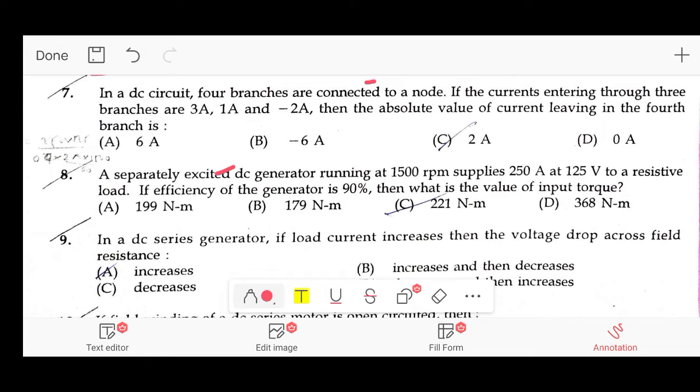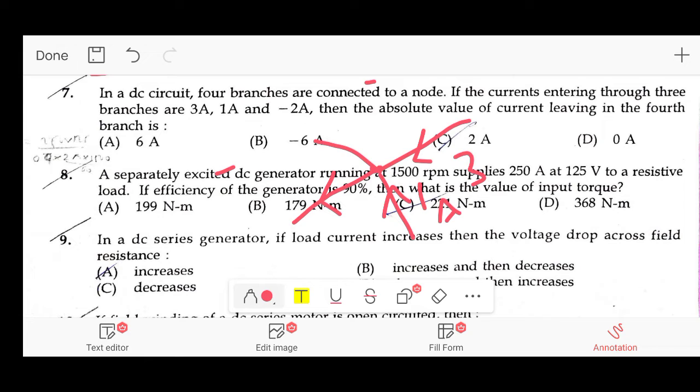If you know the node, the currents entering through 3 branches are 3 amps, 1 amp, and minus 2 amps, which means it is leaving. Then the absolute value of the current leaving in the 4th branch.